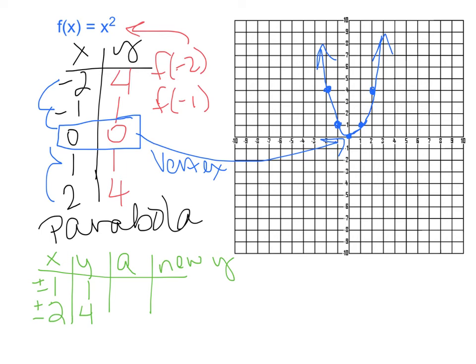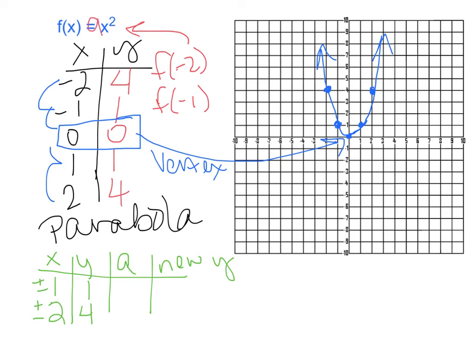So everything that's in green right now is what you plug in. The difference here is going to be, we're going to use our A value, and this is where your transformations come in handy. Because remember, your A value is in front of the squared term.